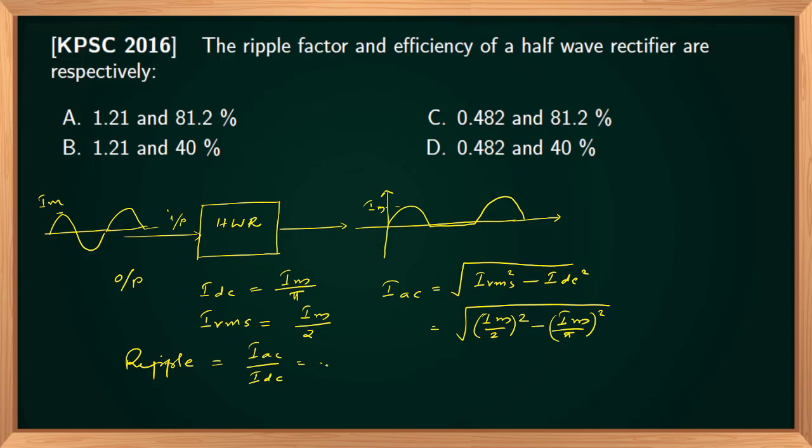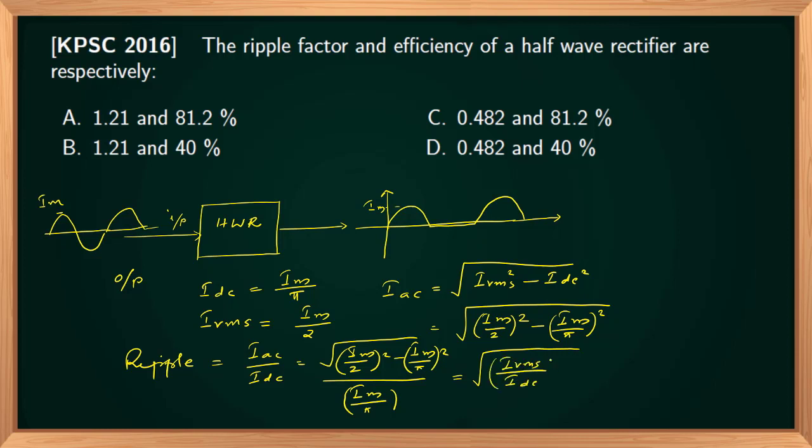So this equals the square root of (IRMS by IDC) whole squared minus 1.